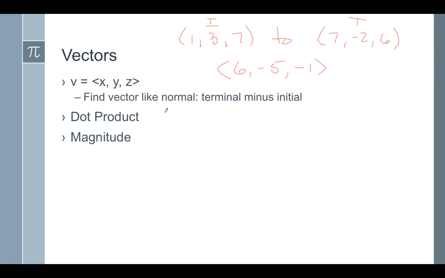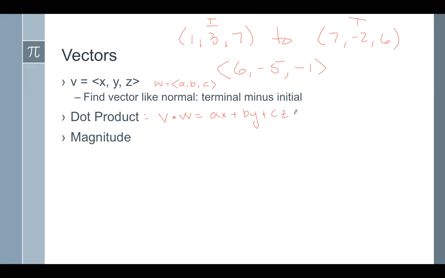Dot product is exactly the same. Magnitude, we already technically found magnitude. Let's say I was given this vector x, y, z and given another vector as, I don't know, a, b, c. If I found the dot product of those two things, if I did v dot w, that's equal to ax plus by plus cz.